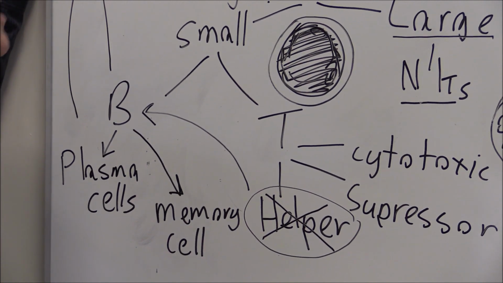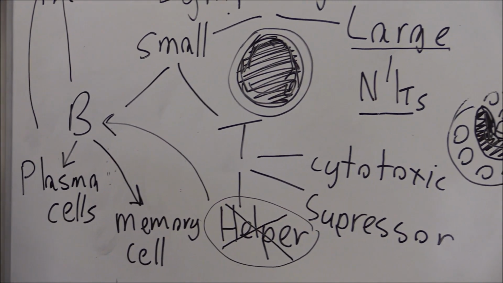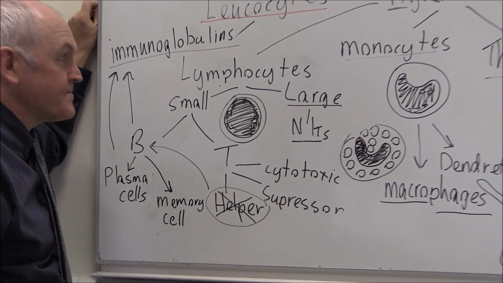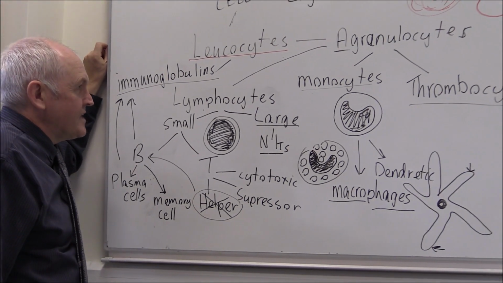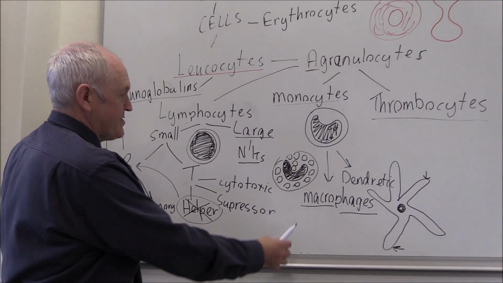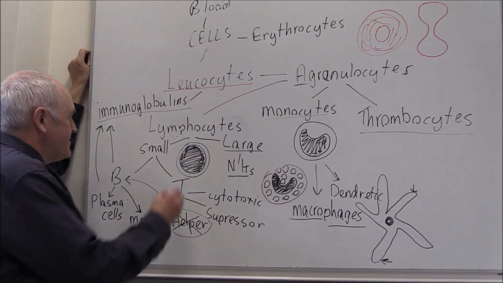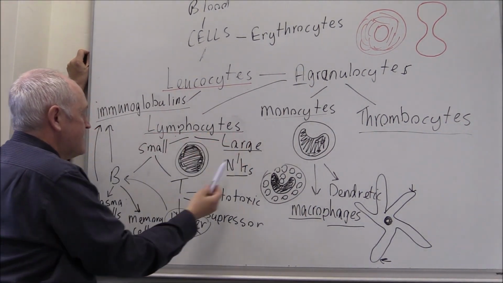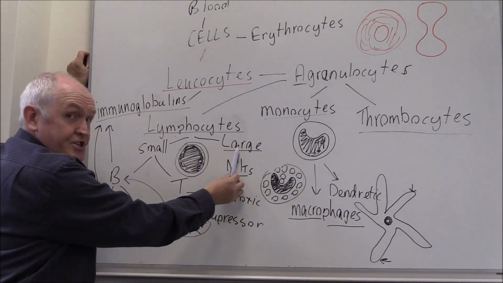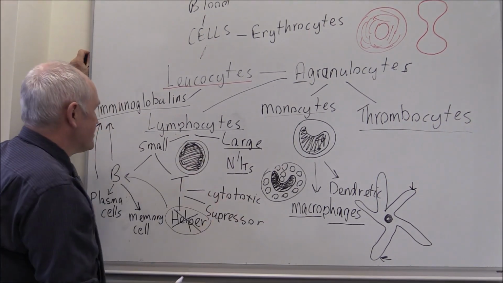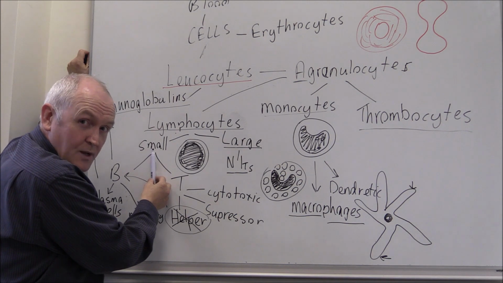So the agranulocytes are the monocytes, thrombocytes and lymphocytes. The monocytes in the tissues can divide into macrophages and dendritic cells. The lymphocytes can be large, which are the natural killer cells, or they can be small.